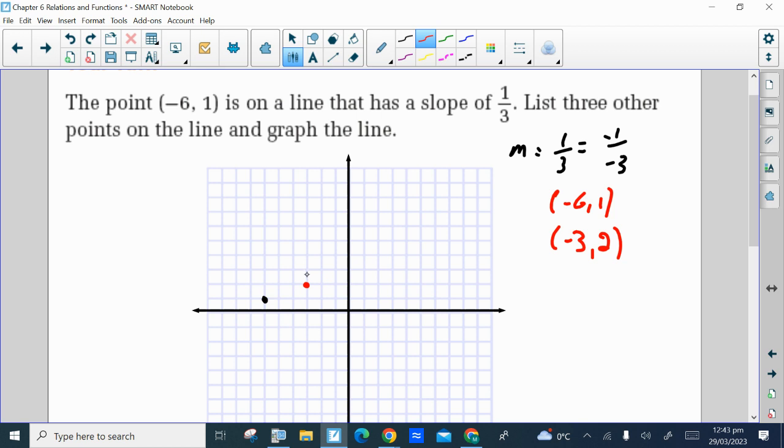And we can continue that pattern. We can rise another 1 and run another 3. That takes us to the point 0, 3, which again we can get by rising 1, adding 1 to the previous y value, which was 2. 2 plus 1 is 3, and adding 3 to the x value. -3 plus 3 is 0. And we can continue. Rise 1 and run 3.